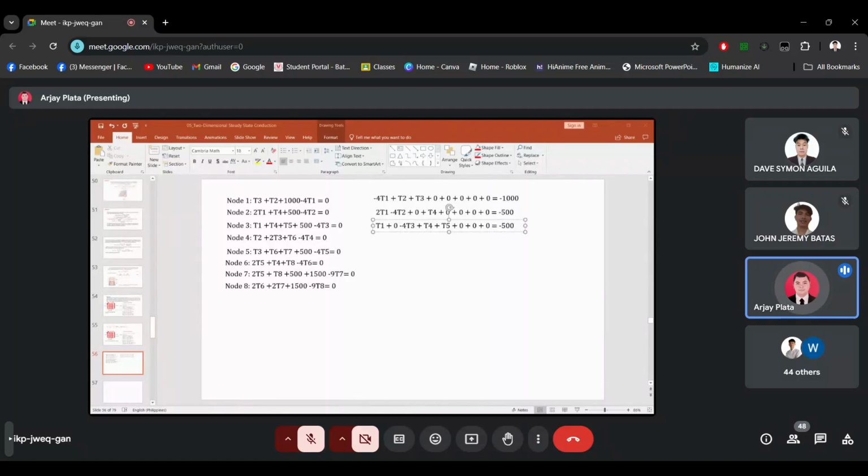Okay, next is node 4. So node 4, let's copy this. So this is 0. We don't have T1, so 0. We have T2, yes. T3, we have 2T3 positive.